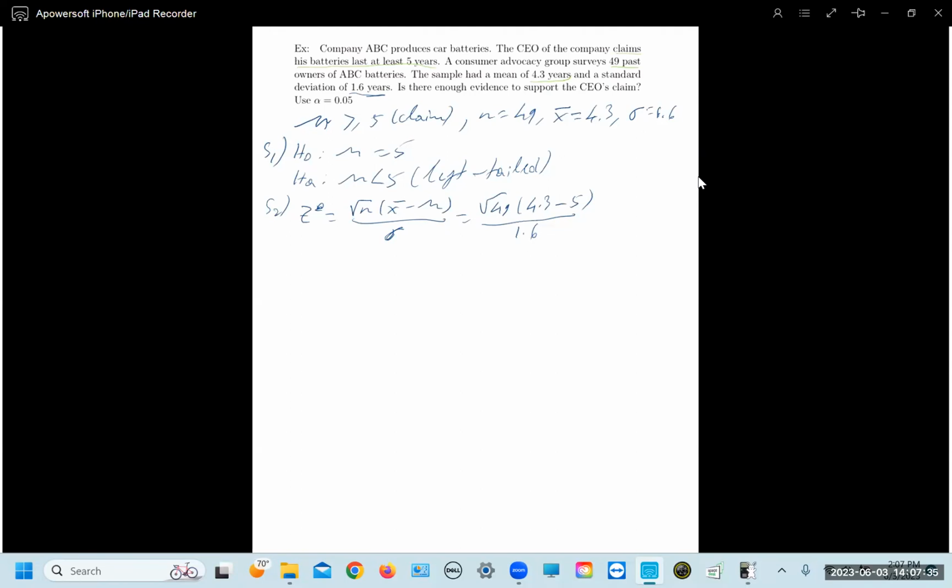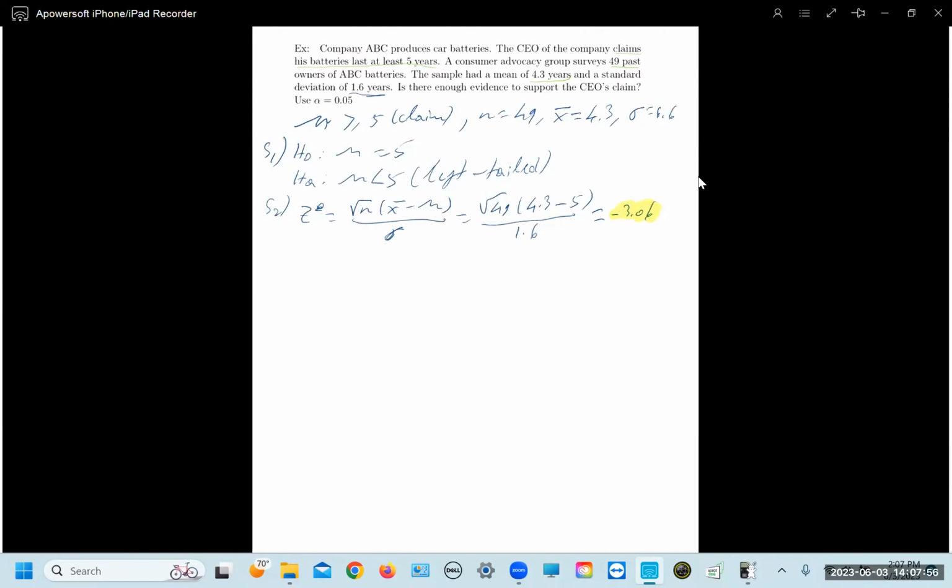After we do the calculations, this one is minus 3.06. We can highlight that.